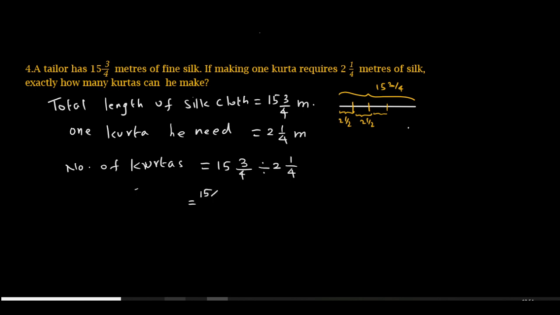Whole part into denominator plus numerator, over the denominator, divided by, here also whole part into denominator plus numerator over the given denominator. So 15 fours are 60 plus 3/4, divided by 8 plus 1/4.